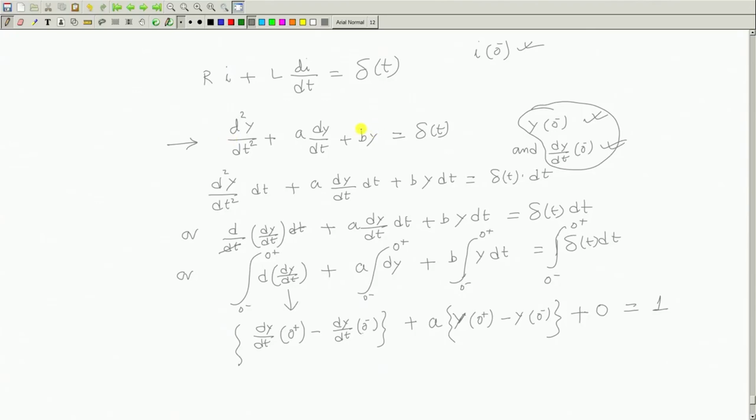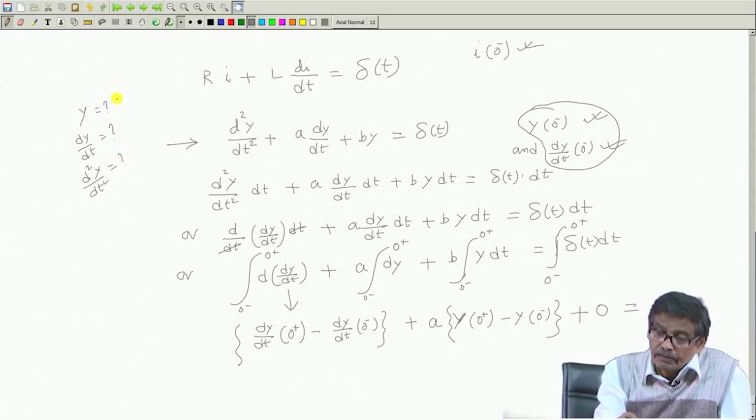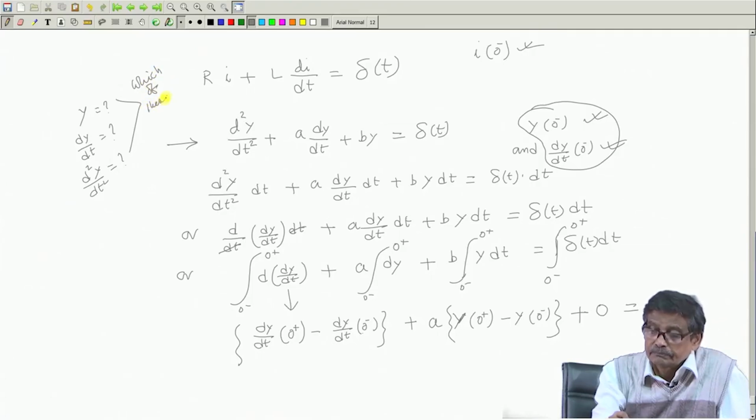Which of these quantities will have a step change? Which of these?